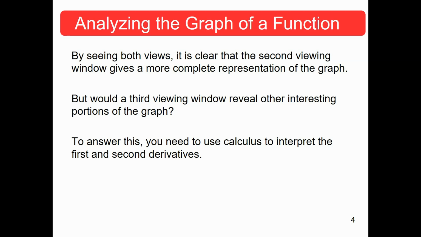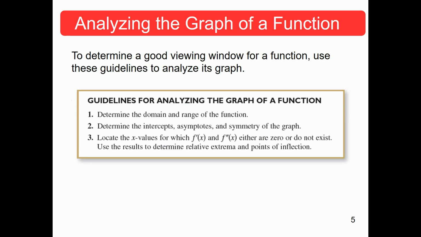So to determine that good window of the function, we're going to use these guidelines to analyze the graph. First thing, we're going to determine the domain and range of the function, specifically the domain. I'm not so much worried about the range. That's a little bit more challenging to figure out, but the domain is kind of key.